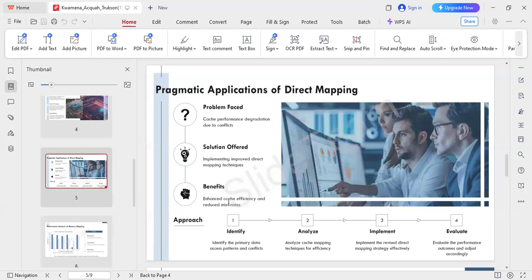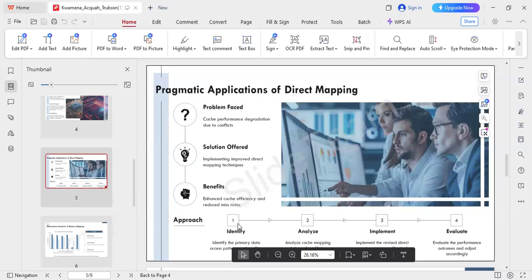So I'm speaking on the approaches now. Approach number one, identify patterns. You must understand the data access patterns causing conflict. Number two, you must analyze techniques.